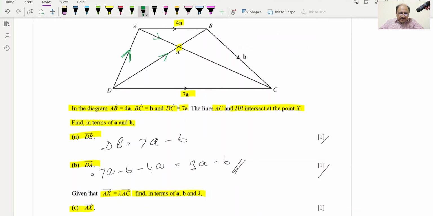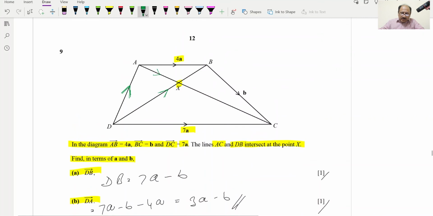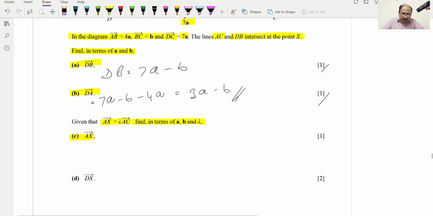First we'll write AC is equal to AD plus 7a, or for AC, we can take this route, this one and this one. So it will be 4a plus b. So we can write AC is equal to 4a plus b.